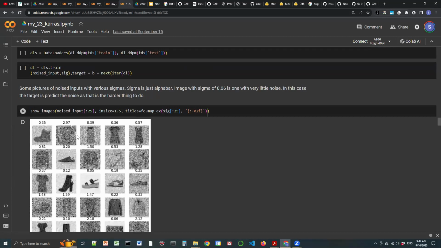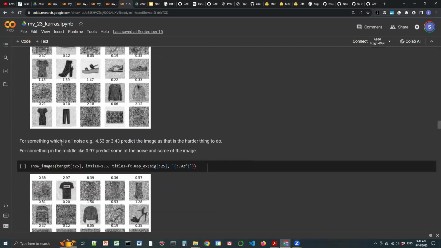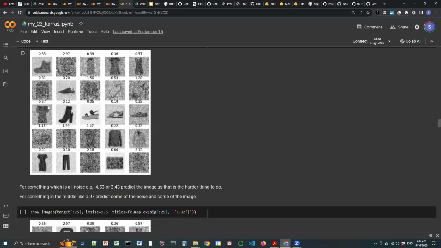But when we go to an extreme like this, there is a tremendous amount of noise. So the network can very easily just predict all noise. It will be easy to do. But instead, we force it to predict the image, which means it's going to struggle because this is mostly noise, right? And again, the numbers may be different because they're running it multiple times. Then you predict the image because that's the harder thing to do.